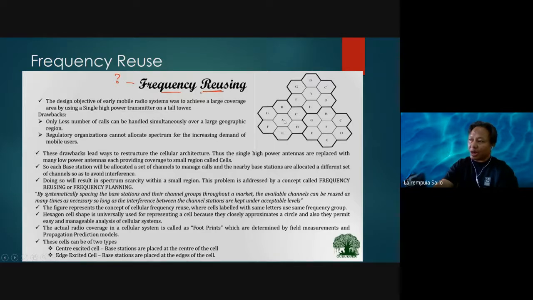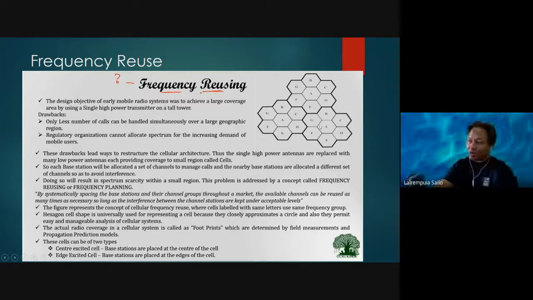So here we have a cell A, and in a different area we have a cell A, the same cell, a replica of this. It means the same frequency is used in this cell in another area.